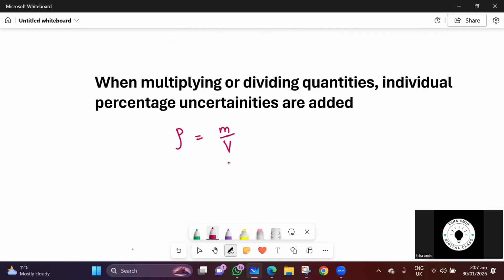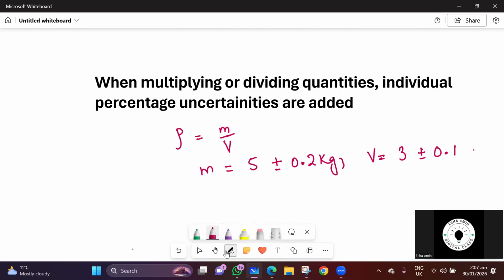Let's say the mass is 5 plus minus 0.2, and the volume is 3 meter cube plus minus, let's say, 0.1.